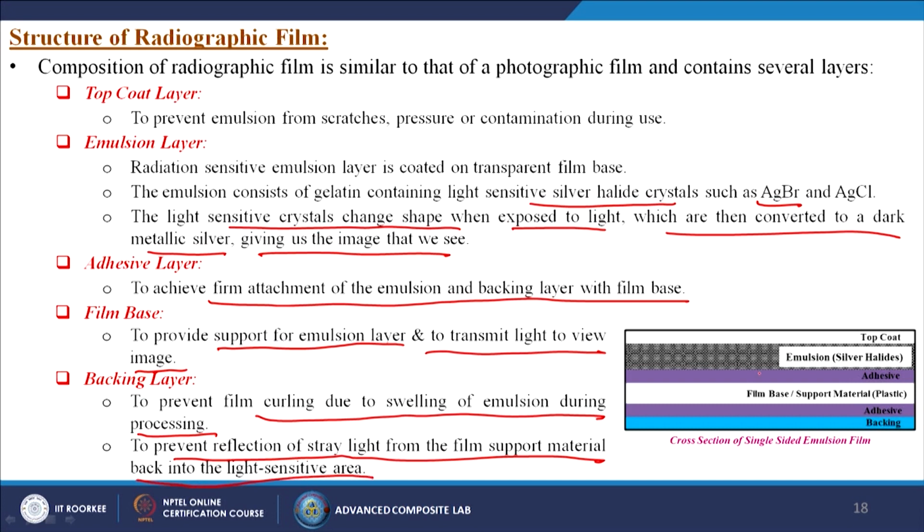So, if we look at the cross section of that particular film, we can see the top coat, then emulsion, then adhesive, then the film base support material, or the plastic, then on both sides we give the adhesives, and on the other side we give the backing. So, when we are holding that film, it should not be bent.